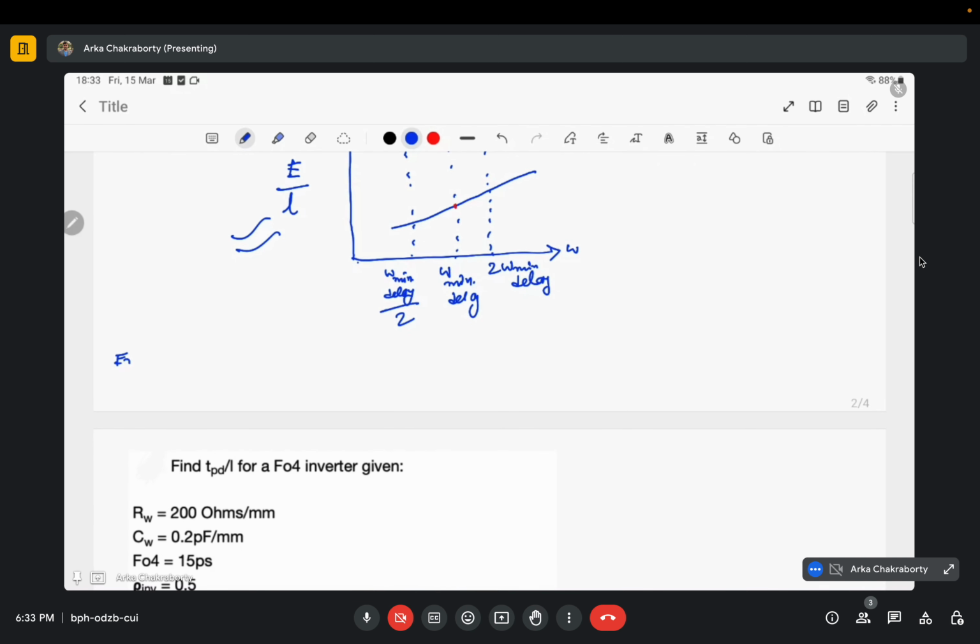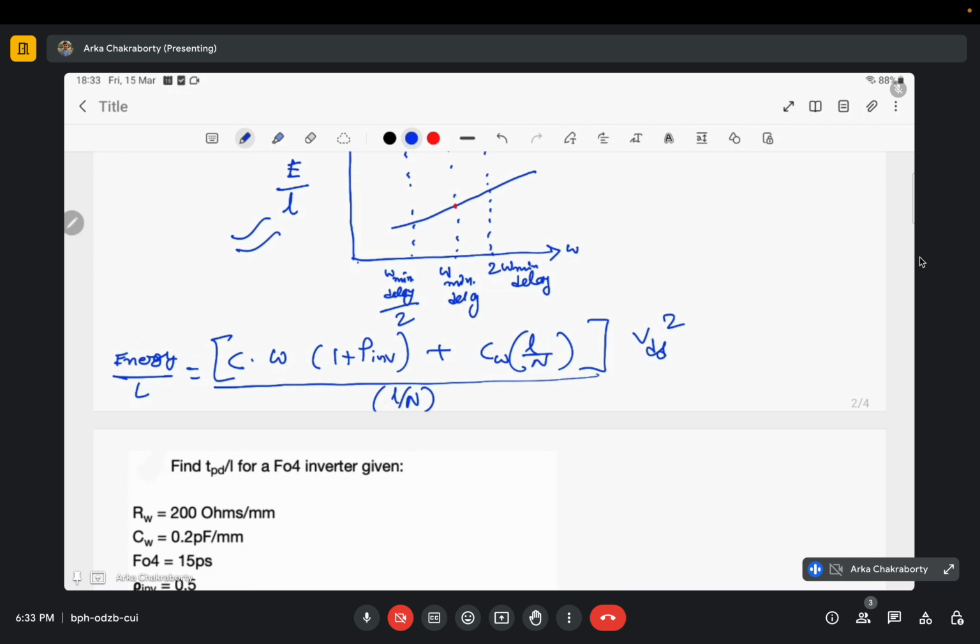So energy per unit length was C into W, 1 plus rho inverter plus CW L by N, VDD square by L by N.